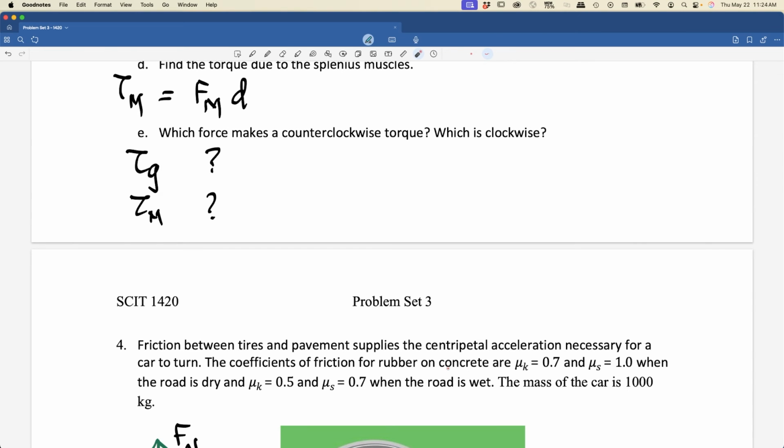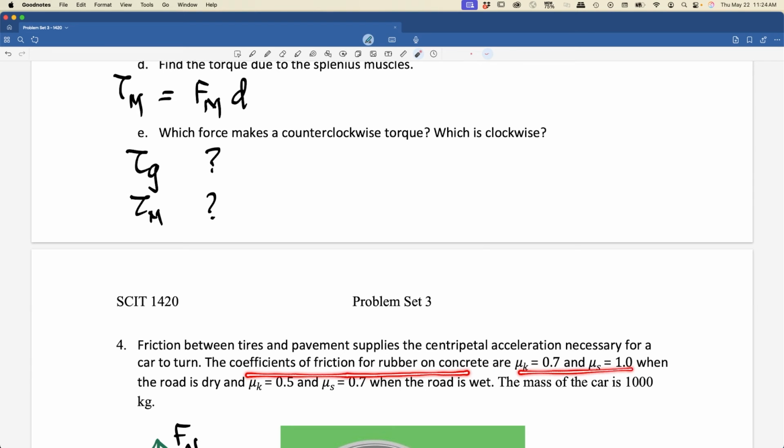Brings us to question 4. It's about friction. Question says that friction between tires and pavement supplies the centripetal acceleration necessary for a car to turn. So when a car is taking a turn, the centripetal force is actually provided by friction. And then you have the coefficients of friction for rubber on concrete.